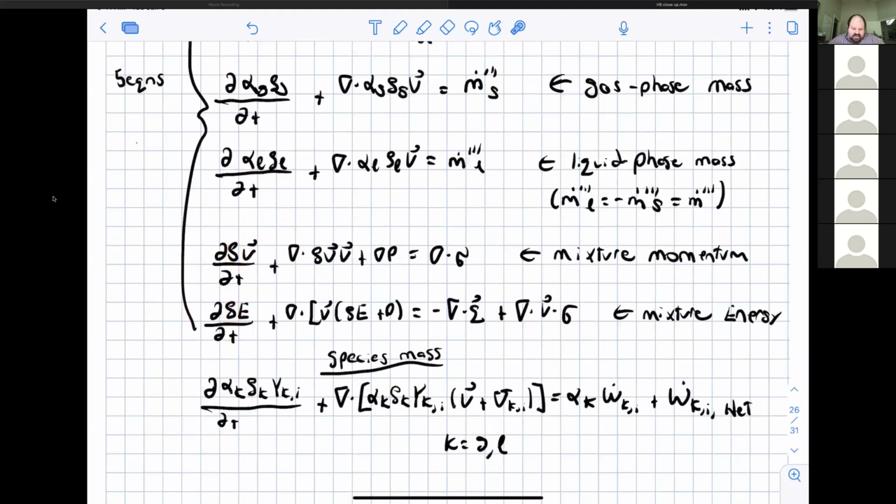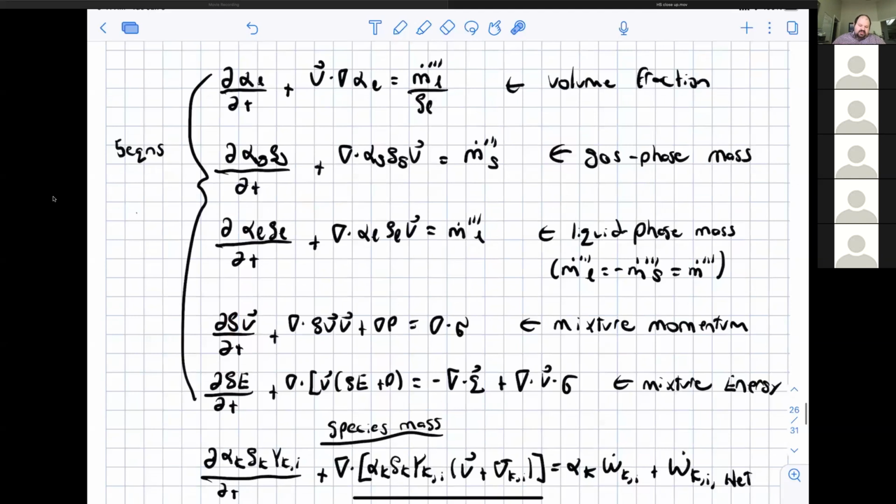Okay, and so are there any questions with this? And again, this is called the 5 equation model, because if I add them up, I get five equations if there are no species, or if it's non-reacting. Oh, okay. Don't you have 3 equations for velocity? This is 1D flow, huh? Yeah. It's 5 equations in 1D, and so that's where it gets its name.